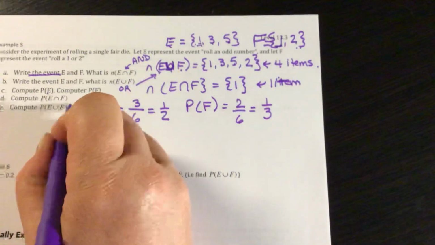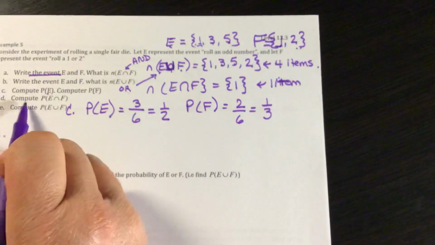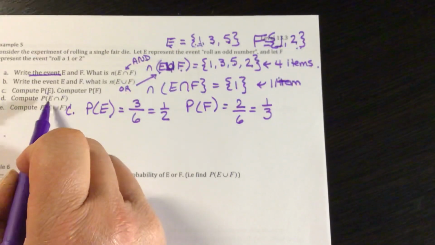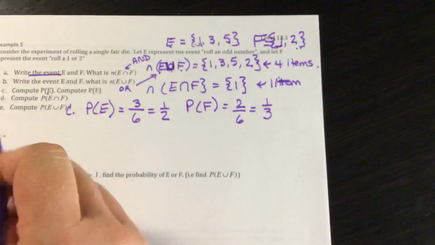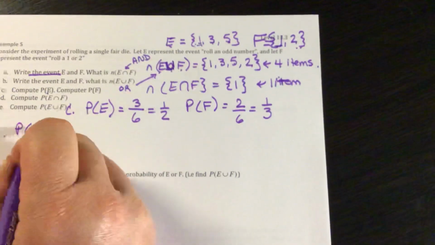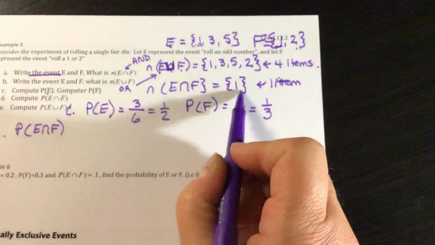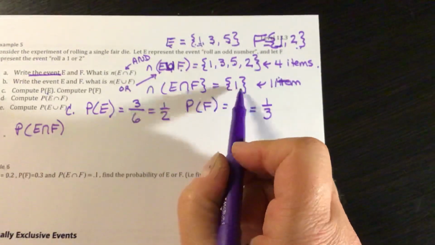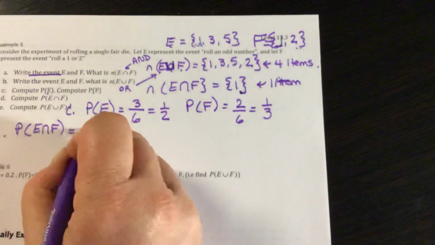Okay, so this is part C. In part D, I want the probability of E and F occurring. So probability of E and F. Now, there is only one possible outcome that works out of the 6 total.